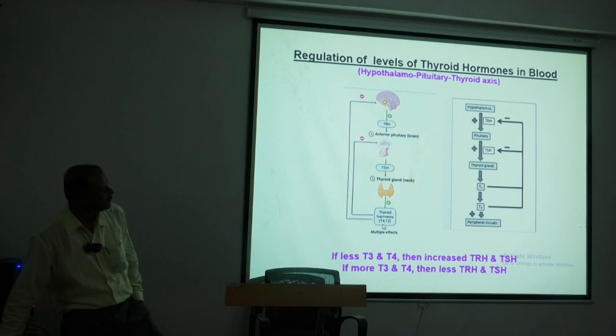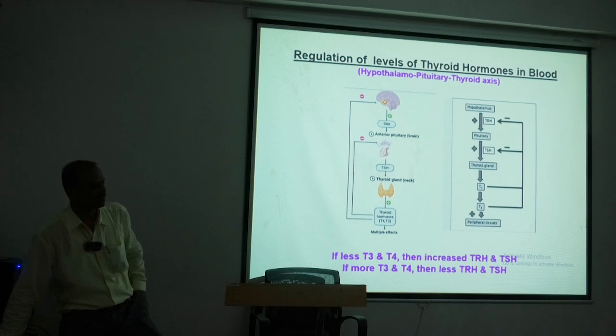Now, when the thyroid hormone is produced in excess, obviously FT3 and FT4 will also be high, and that will exert a negative feedback first to the hypothalamus, so that it doesn't release so much TRH. So obviously, TSH will not be secreted that much in response to less TRH, and less T3, T4 hormone will be synthesized.